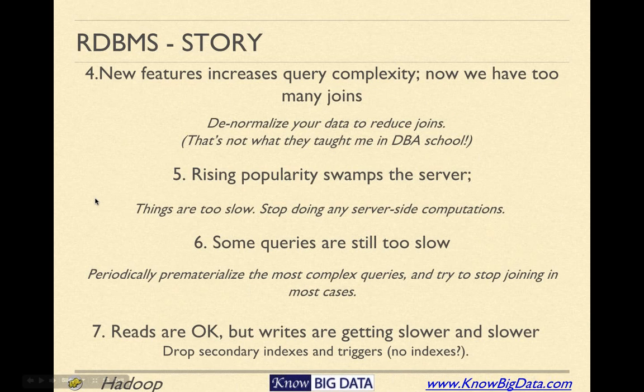What does it mean to denormalize? You gather all of this data, data of all the features, and put it in a single table so that you just have to query one table to serve the data, instead of querying 200 tables and joining them. You will have to denormalize.